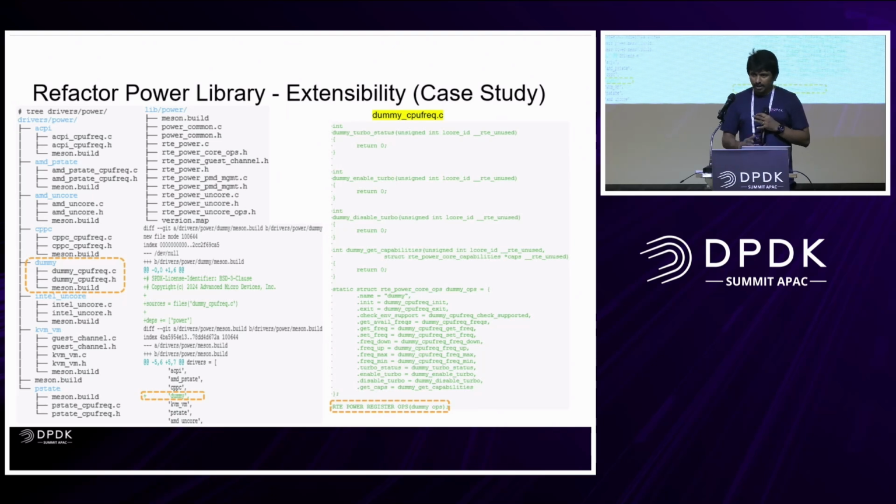Then I just enable it in the build infrastructure to make sure the library is compiled, and register with the power library using RT power register operations. My application can start using it now. This is all it takes. You do not have to make any changes to the library.